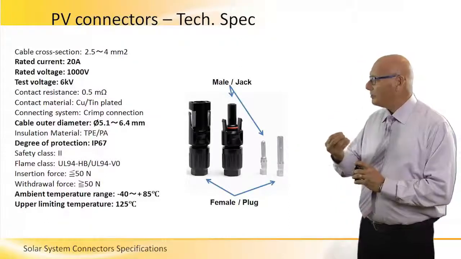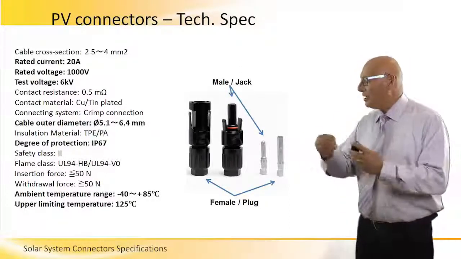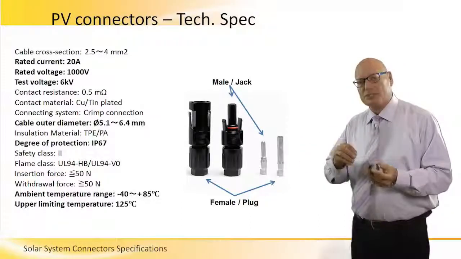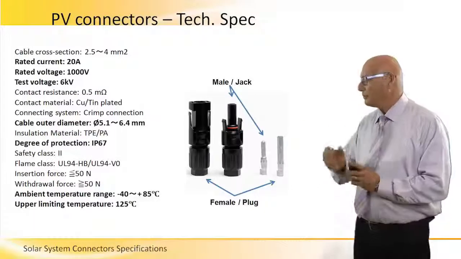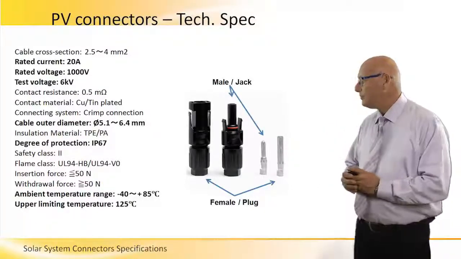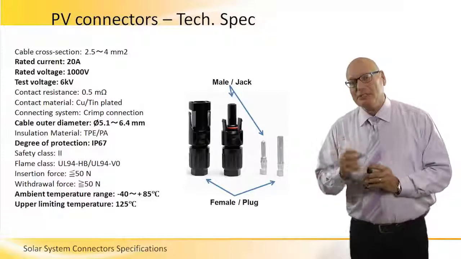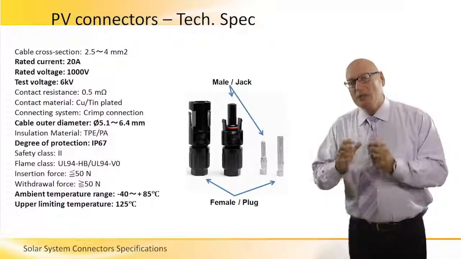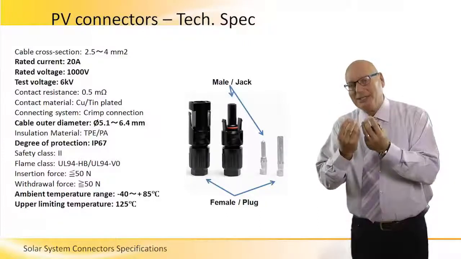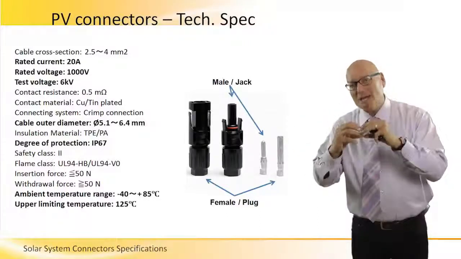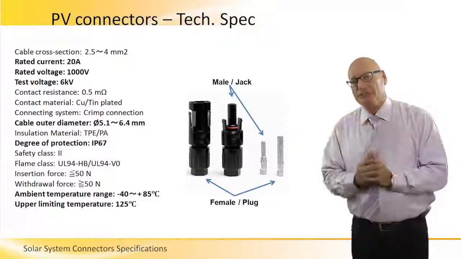Cable outer diameter can be from 5.1 to 6.4, but can be much larger. But this is just an example. It's a very important parameter. Degree of protection, IP67. How much that particular connector is hermetically sealed to outside harsh environmental conditions.